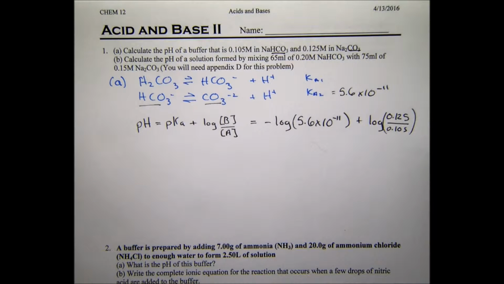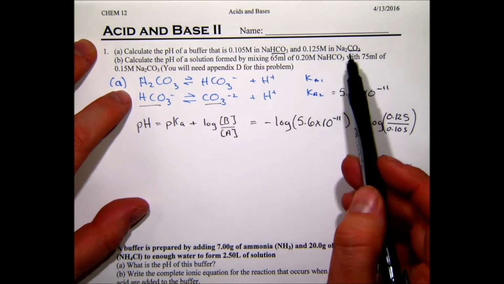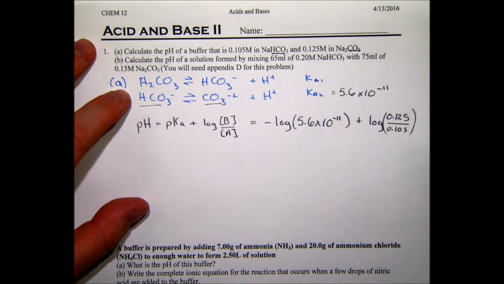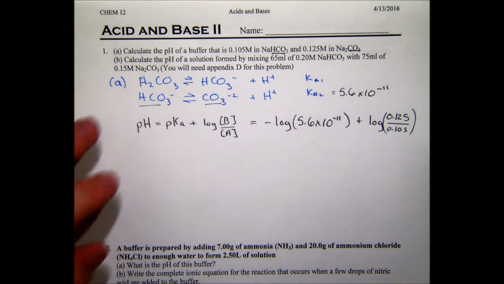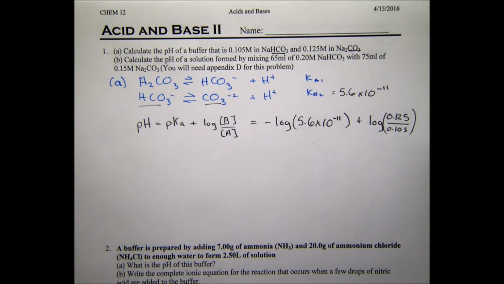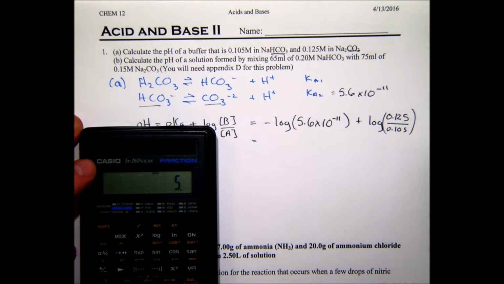So when you do this problem, the way to identify what the base is and what the acid is is very simple. The one with the fewer hydrogens is likely going to be the base. So we have a buffer present. So 5.6 exponent 11 negative. Take the log and hit the negative of it.